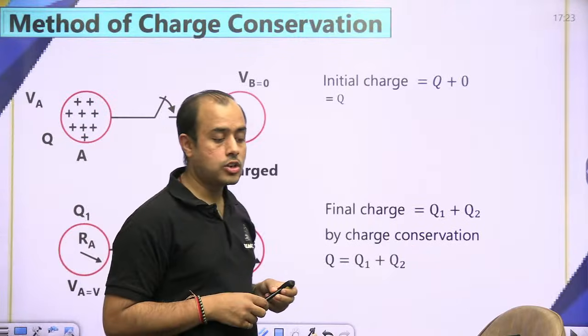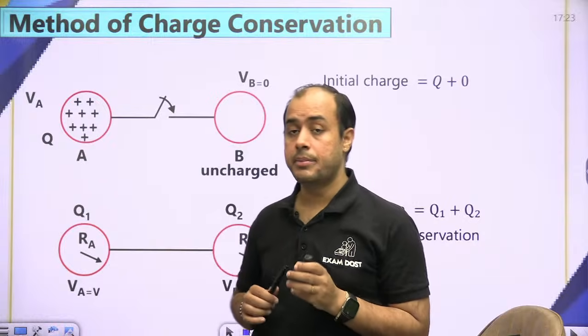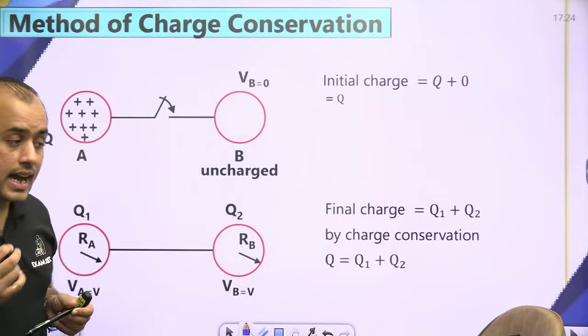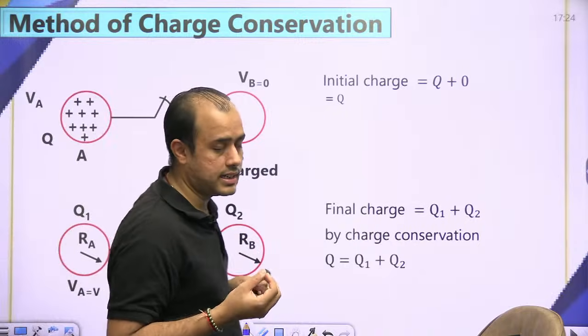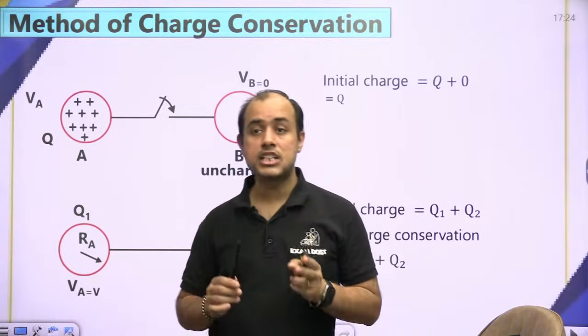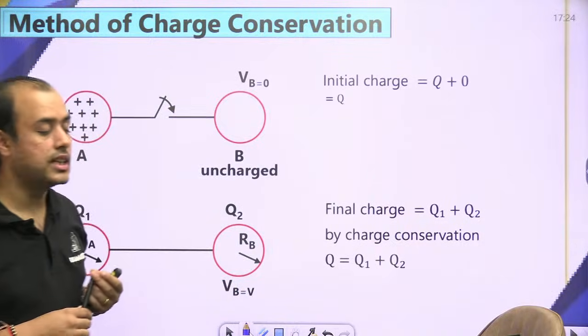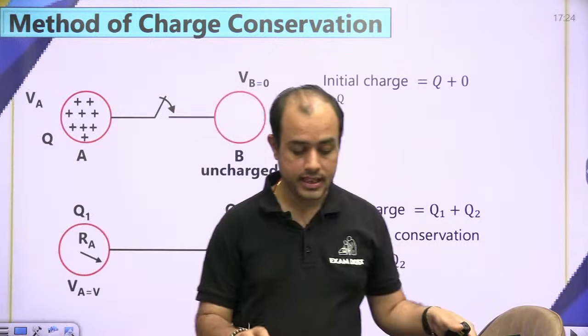Now, when we talk about charge conservation, remember, whenever you connect two conductors together directly by a wire, a conductor, then the charge will be redistributed in such a way that their potential becomes equal. Okay?